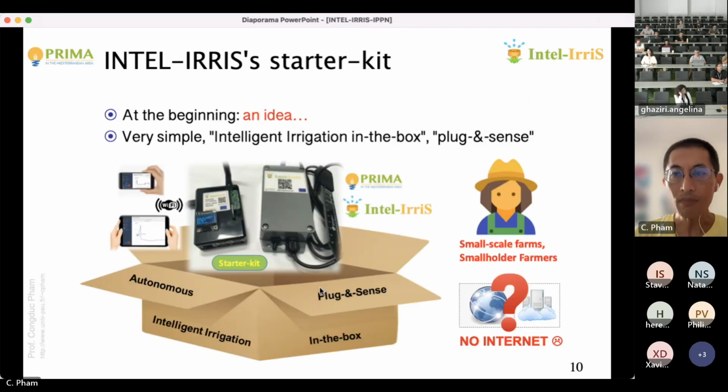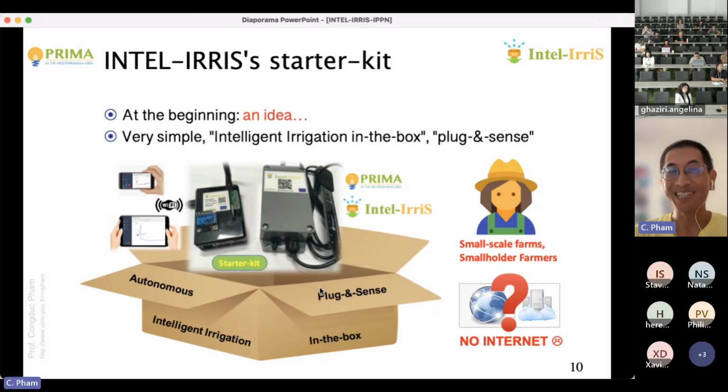At the beginning, we had this idea of some kind of starter kit where inside this box, you will have 1 device of sensors and 1 gateway in order to analyze and take all the decisions. The main target was the small-scale farms, the smallholder farmers, and many of them don't have internet at all.